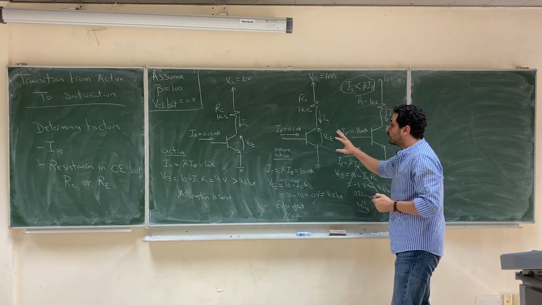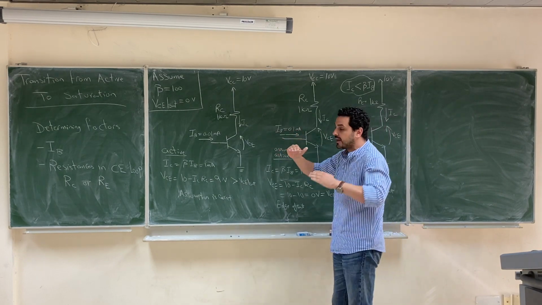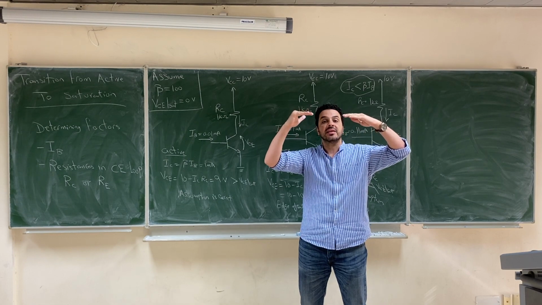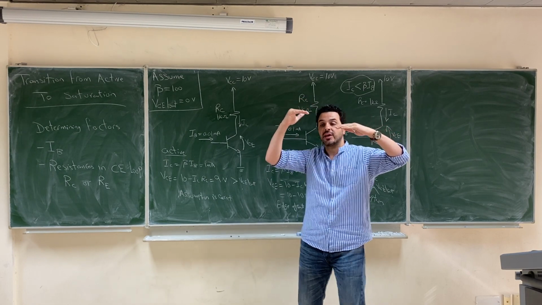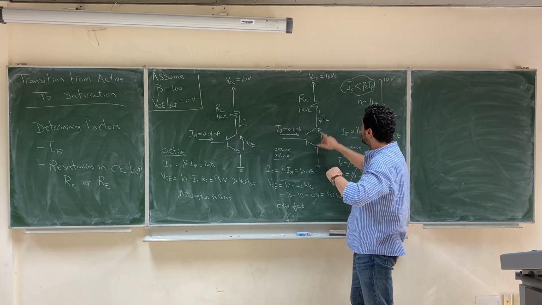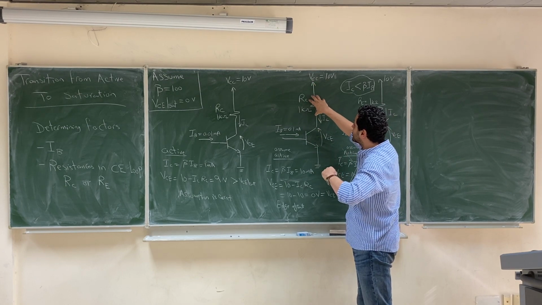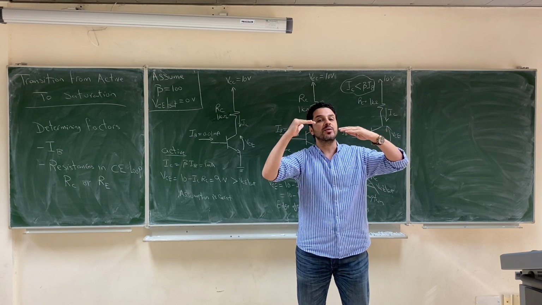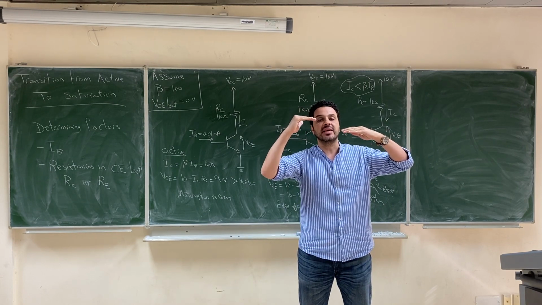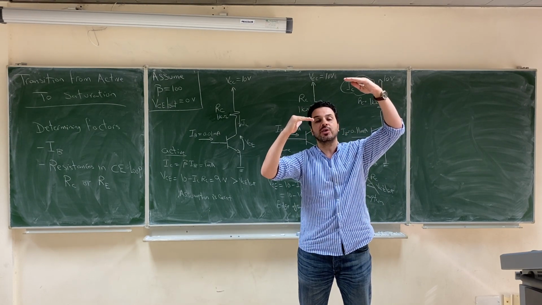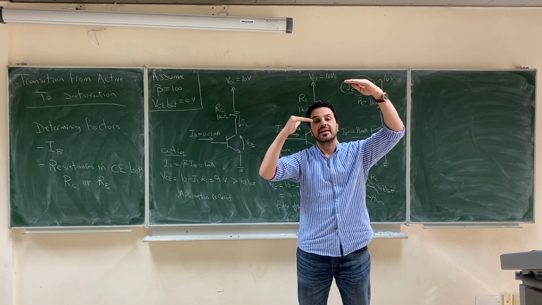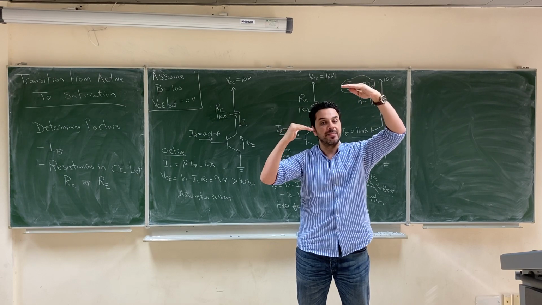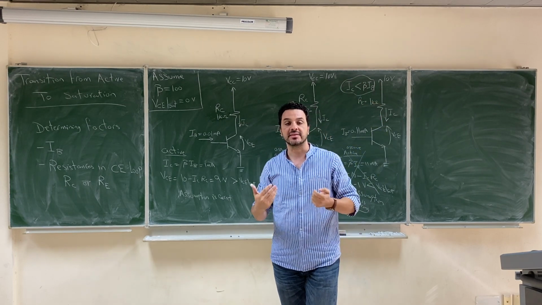So in the beginning, you increase I base, IC increases. You increase I base, IC increases until you reach a point where VCE reaches 0 and the drop across the resistor here is equal to the supply voltage. At this point, IC will say, no, I cannot increase anymore. If you increase I base, IC will not increase, and hence, this is the point at which IC will be less than beta I base, and the transistor enters the saturation region.